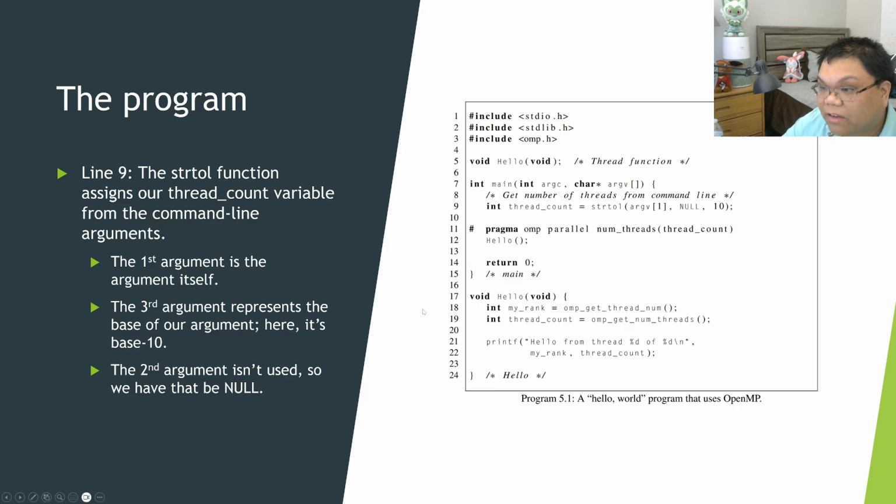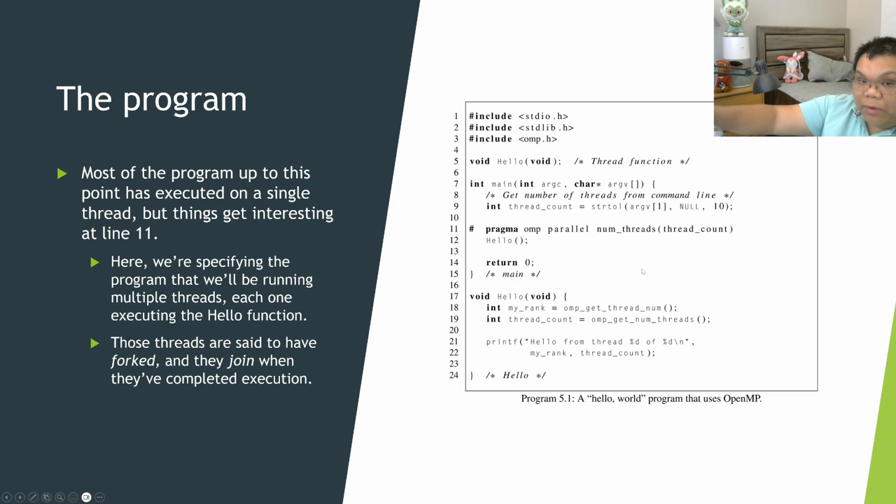In this case, it's our thread count. We are hopefully familiar with strtol by now. We pass in the command line argument as the first argument. The second one can just be left as null. And the third one needs to be the base, so it's in base 10, so you type in the number 10 here.